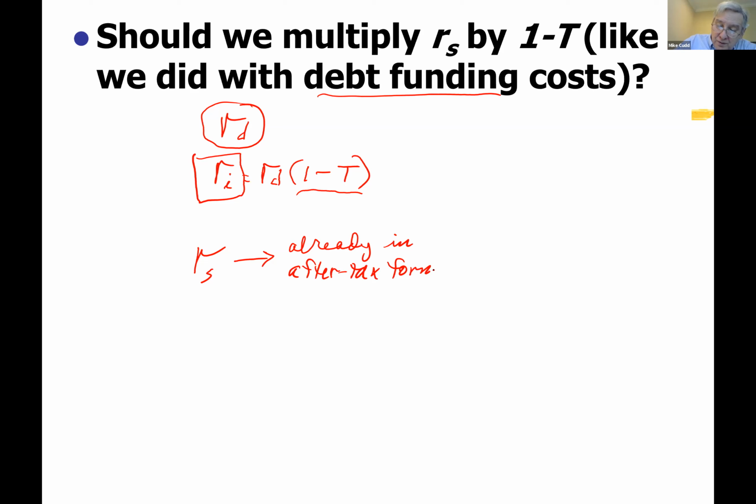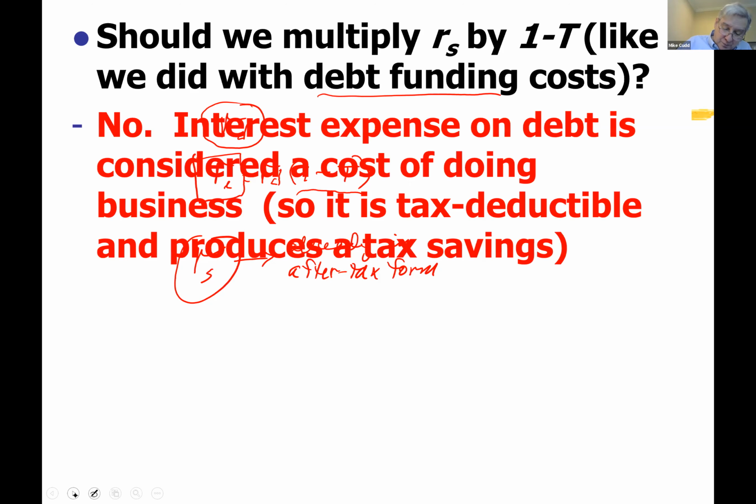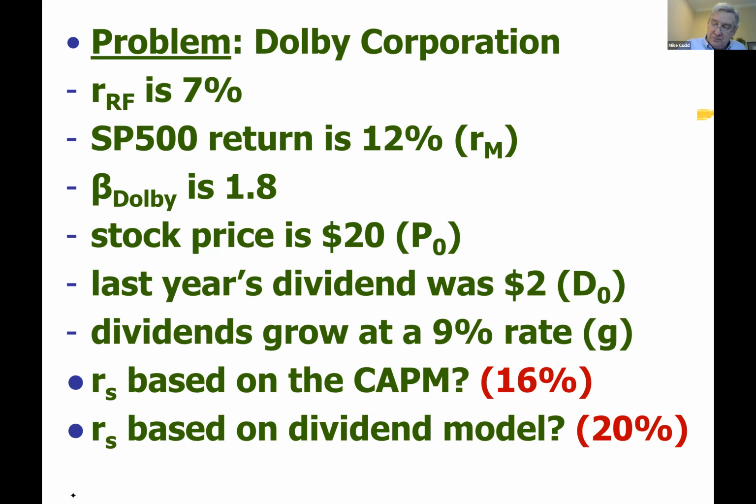In other words, anything we provide to the shareholders has to be paid out of after-tax earnings. So we don't multiply by 1 minus the tax rate because payments to shareholders don't produce tax savings. All right. Try the following problem for Dolby. See if you can get my check figures.